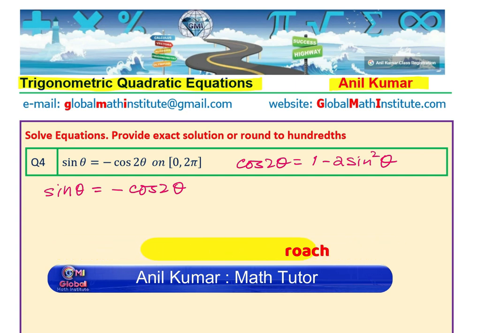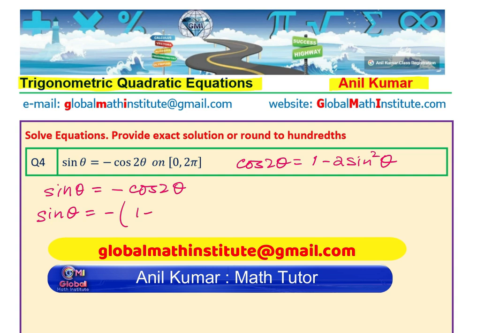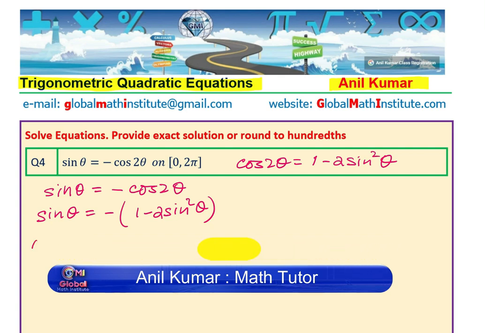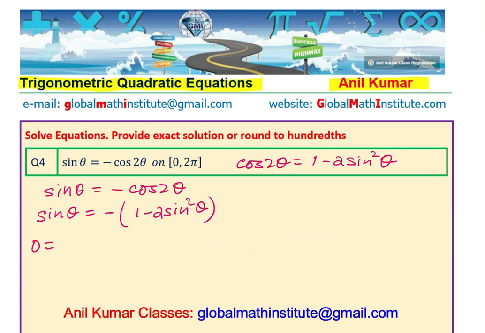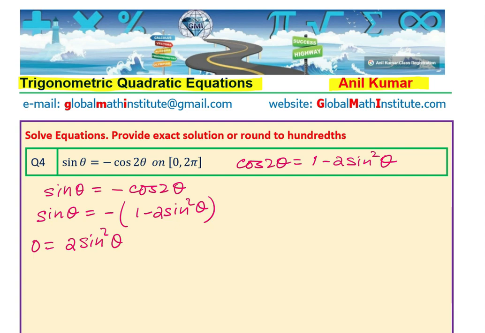Great. So, let's rewrite this as sine theta equals minus, open bracket, 1 minus 2 sine square theta, which, bringing them all together, gives 0 equals 2 sine square theta, minus and minus makes it positive, minus sine theta minus 1.